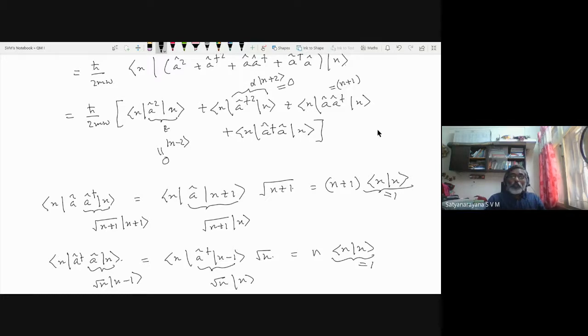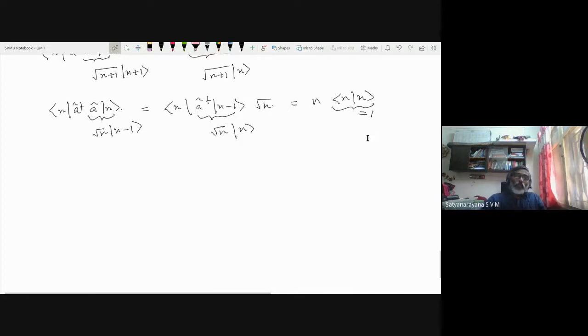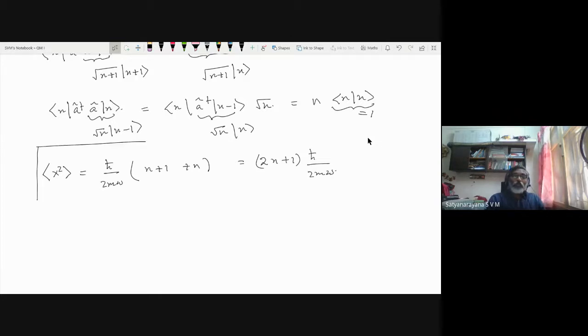So we get this factor as n. So what is the final thing? That is your ⟨x²⟩ is equal to ħ/2mω into (n+1+n). So that is equal to (2n+1) into ħ/2mω. So this is the expectation value of x².